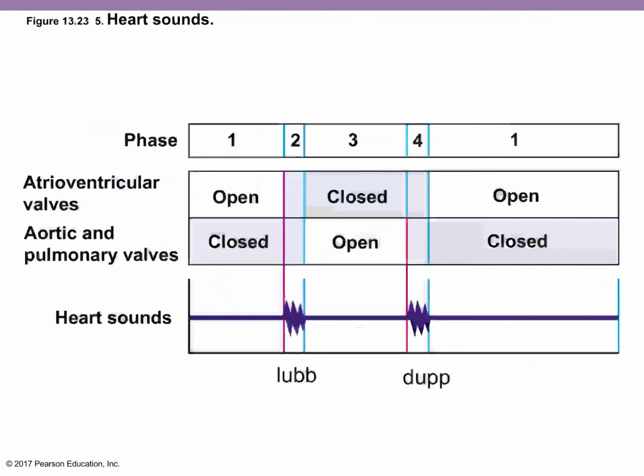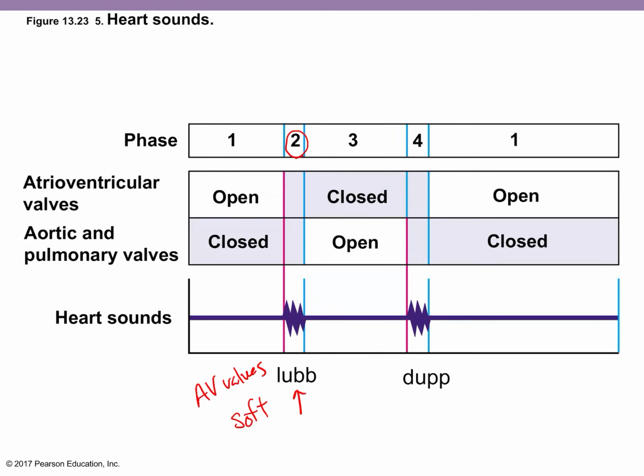Heart sounds, last one before we wrap this part up. When you listen to someone's heart, you hear lub, dup. Those are sounds of the valves closing. I'm not going to talk about specifics here, just know that the first heart sound is a lub. It's usually the softer of your heart sounds, and those are the AV valves.